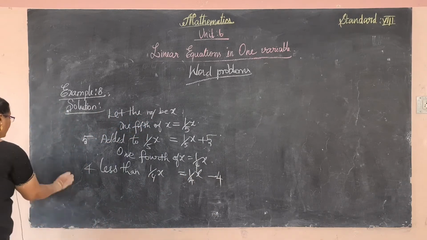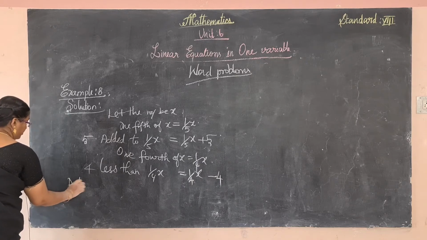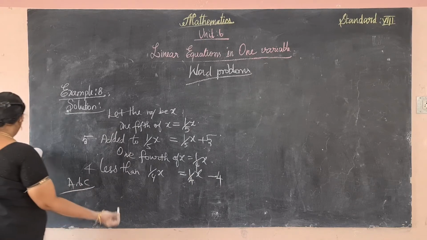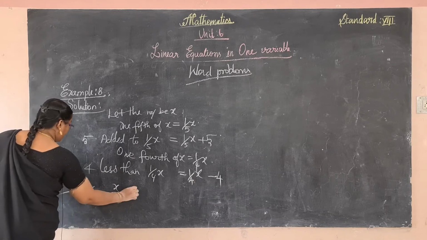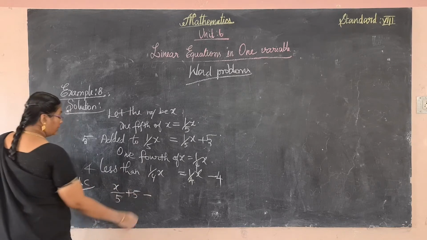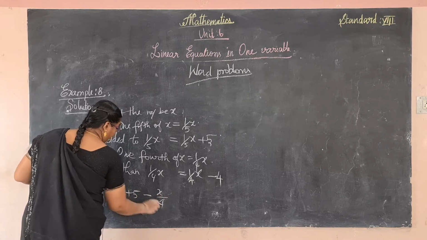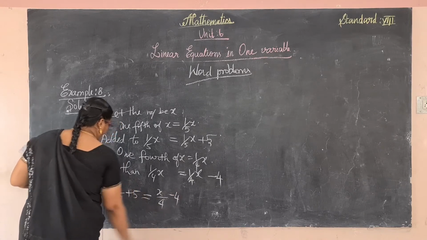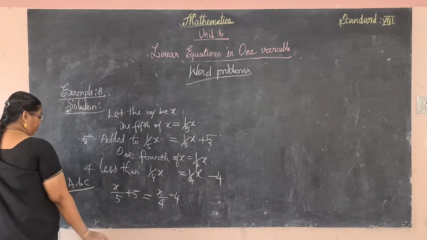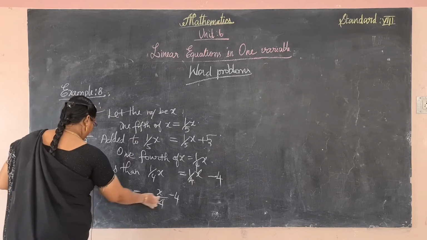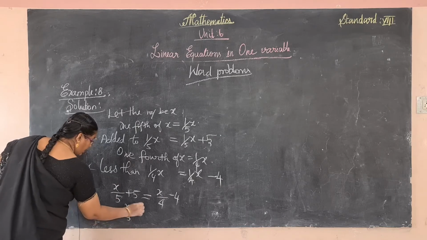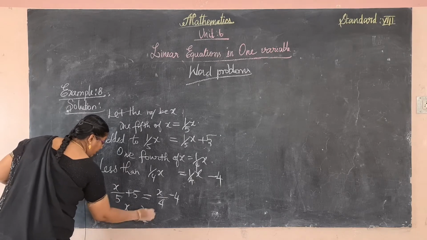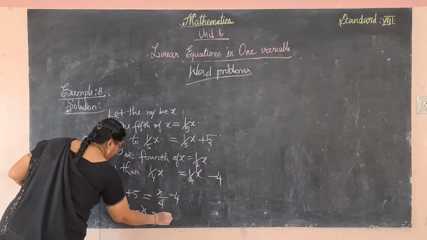Now according to the condition, according to the statement, x by 5 plus 5 equal to x by 4 minus 4. So we arrange the terms: minus x by 4 here, and minus 4 minus 5.